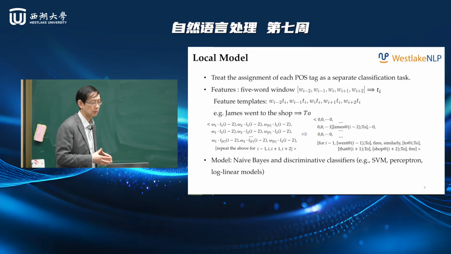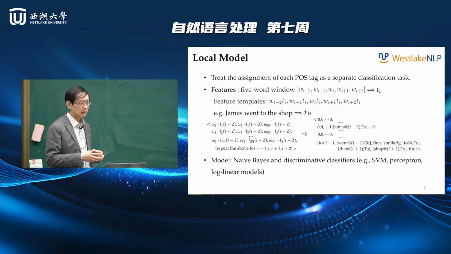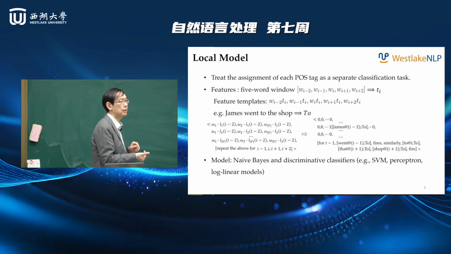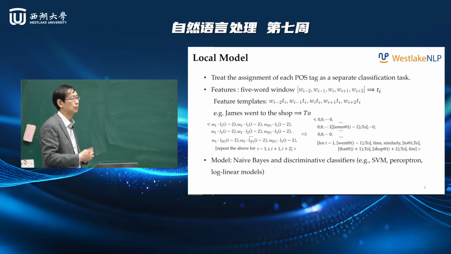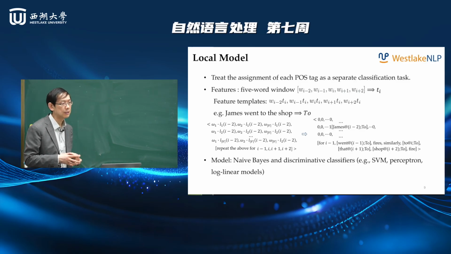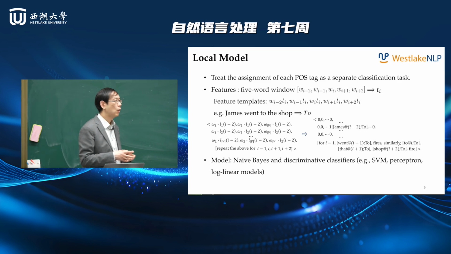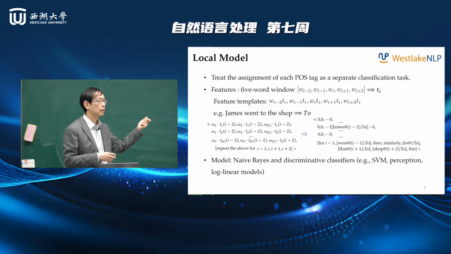How do we parameterize the model? Of course, we need to map the 5 words and 1 part of speech tag into a vector representation, an input-output vector representation. And we need to define some feature templates to this end. One very simple design is to combine the word at every location.